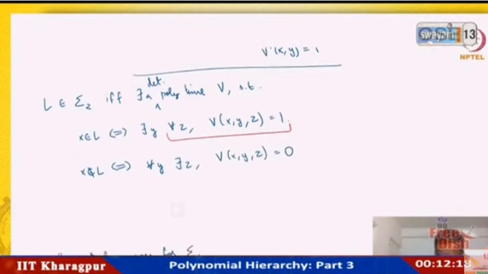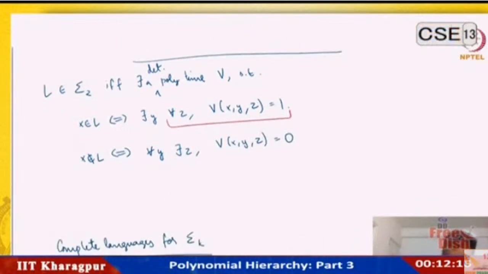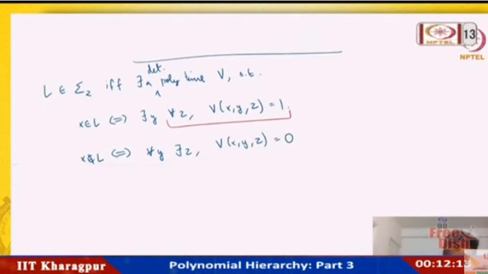Now like we did before, I could define V prime in such a way that V prime is the complement of V. So V prime is 0 if V is 1, and V prime is 1 if V is 0.